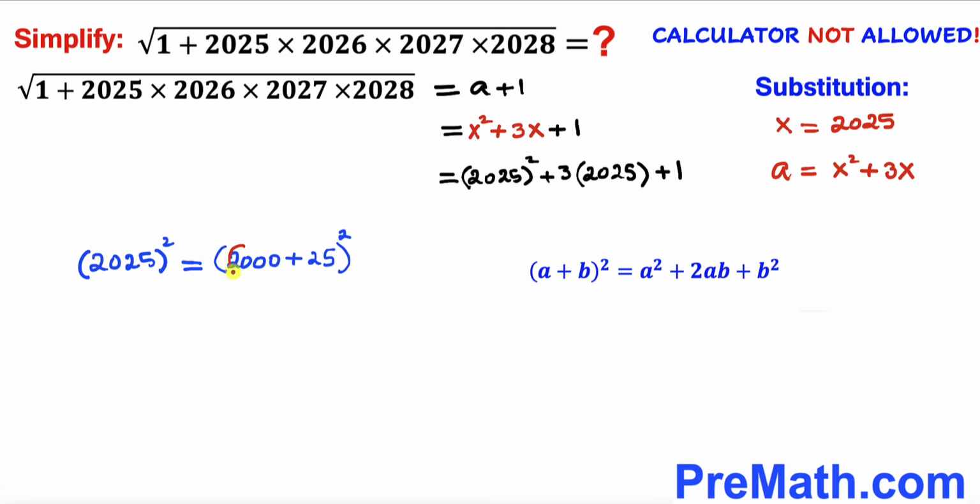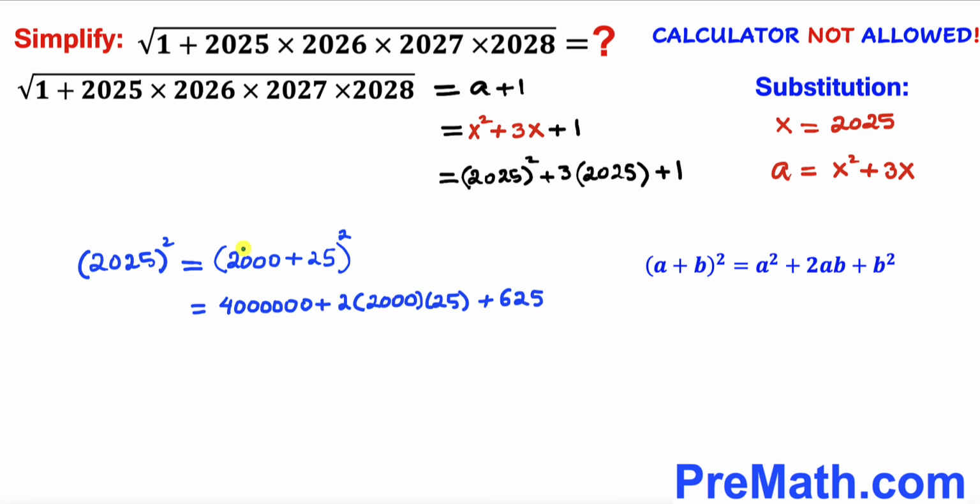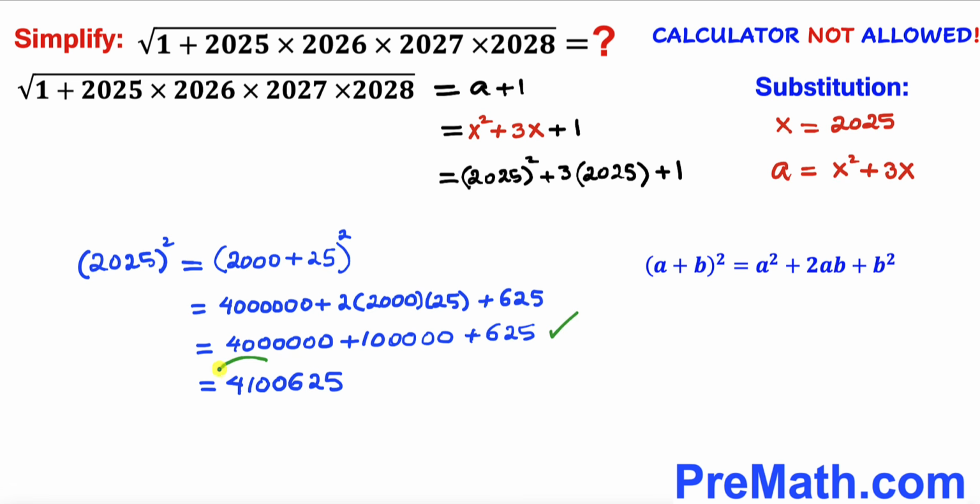Now if I label this part as lowercase a and this part lowercase b, then 2000 squared is going to give us 4 million, and then plus 2 times 2000 and then times 25, and 25 squared is going to give us 625. So if we add everything, we end up with 4,100,625. In other words, the square of 2025 turns out to be equal to 4,100,625.